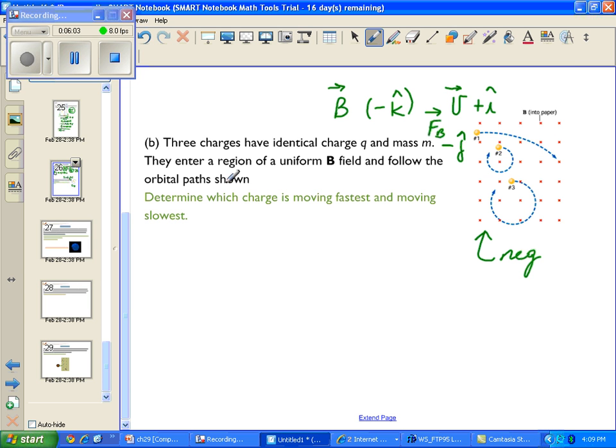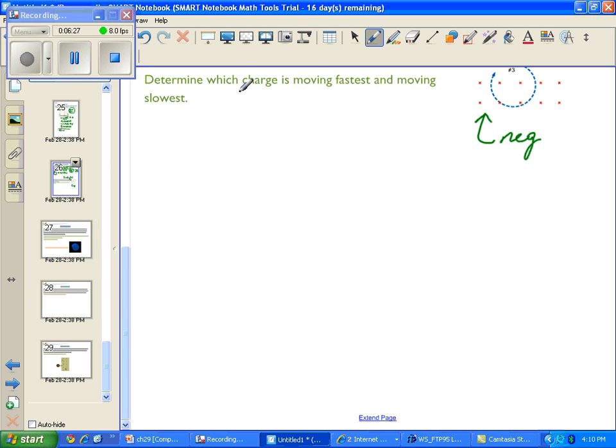Now let's read on the question. We know they are negative charges with the identical magnitude of Q and the mass m. They enter the same magnetic field B. Each of them experiences the same uniform magnetic field, and they follow the paths which are shown. Determine which one moves fastest and which one moves slowest. Well, we know that when a charge enters a region where there's a magnetic field, it feels a magnetic force that causes the charge to experience uniform circular motion.